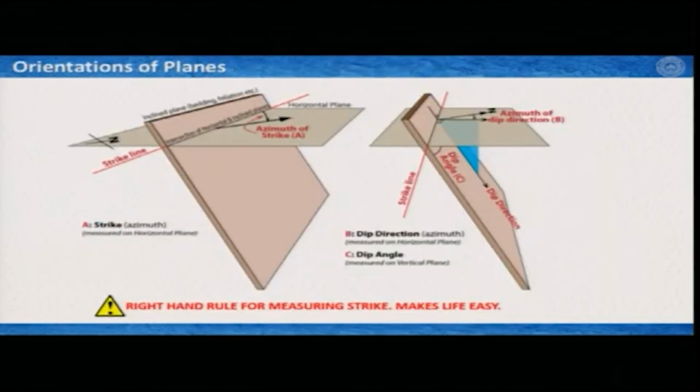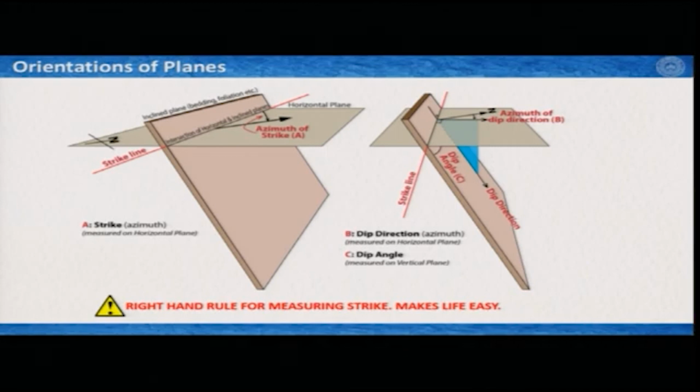So, first, how to measure the orientation of planes, or how to represent the orientation of a plane. What we see in this image is an inclined plane, this light brown plate that you see, and if you imagine a horizontal plane is intersecting this inclined plane, then the intersection of this inclined plane and the horizontal plane would produce a line.